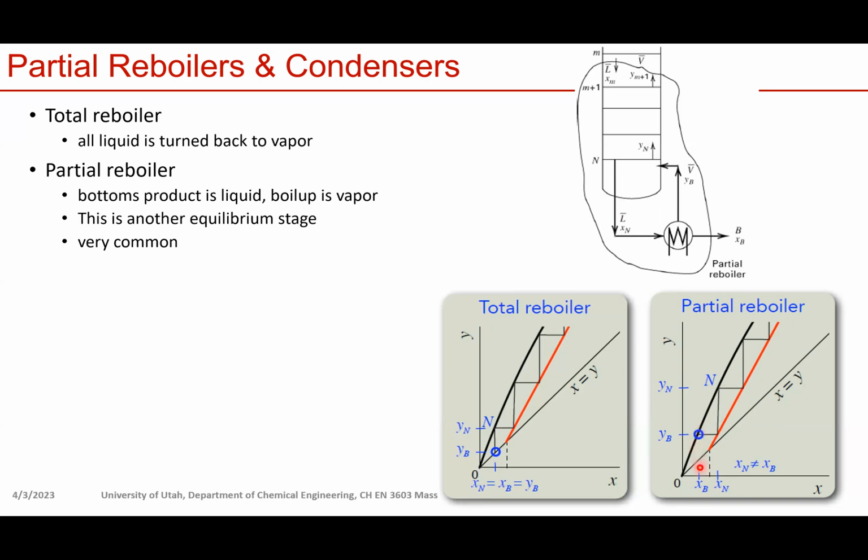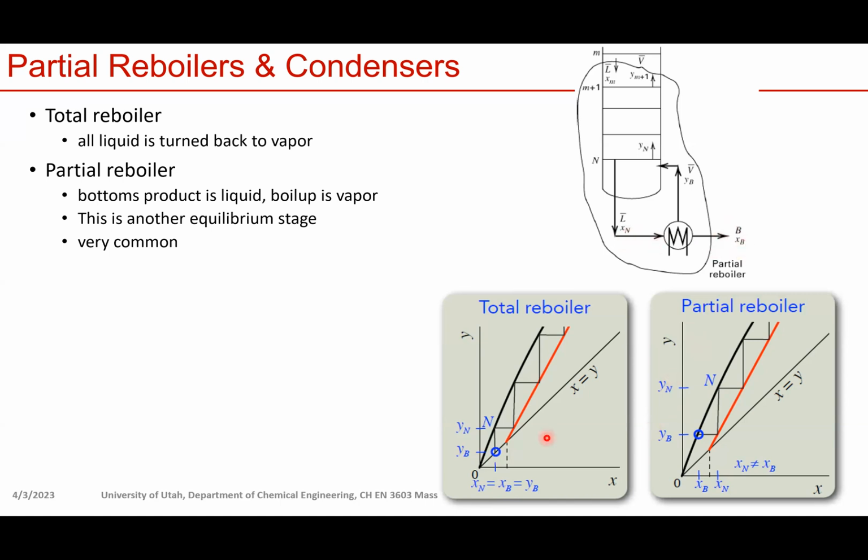Now if you look at XB and YB, XB is not equal to Xn. XB is actually smaller than Xn. So that's why the partial reboiler is another equilibrium stage. If you compare the bottom composition, it's lower than Xn, which means after Xn is fed into the reboiler, you can further reduce the amount of the light key and achieve an XB that's lower than Xn.